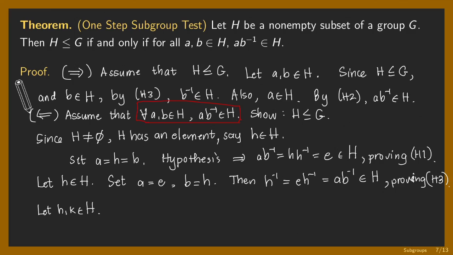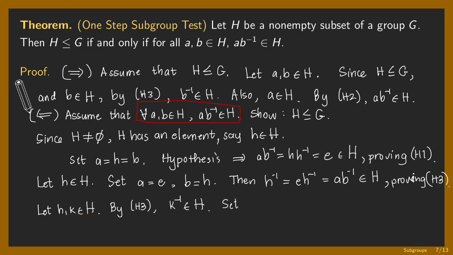What I wanted to do here, because kaya ako nga ginawa yung H3 first because I want to use it. By H3, which we have already proven, I know that k inverse is in H, because we know that H is already closed under inverses. So whenever k is in H, I already know that k inverse is an element of H.